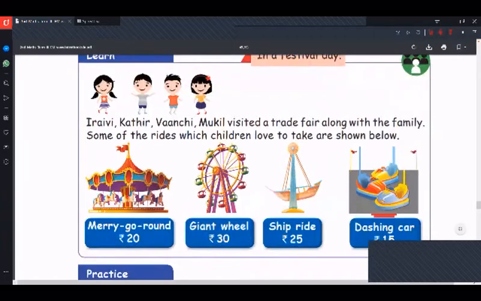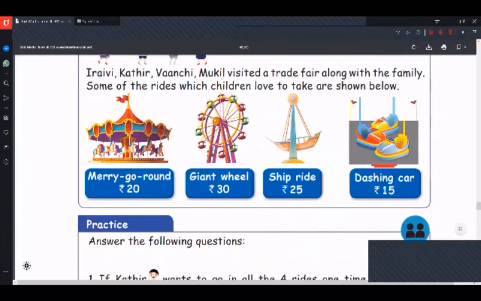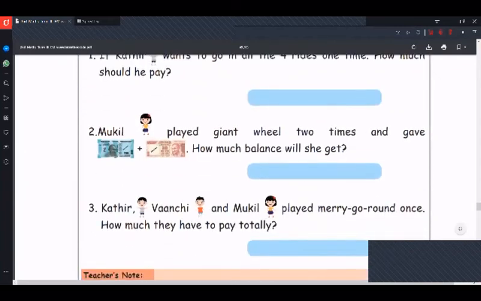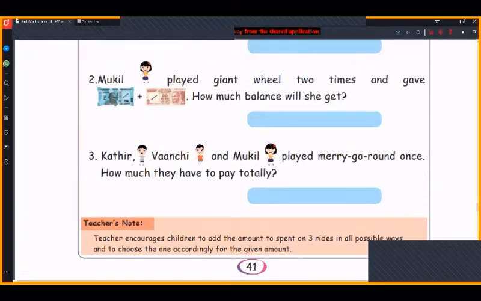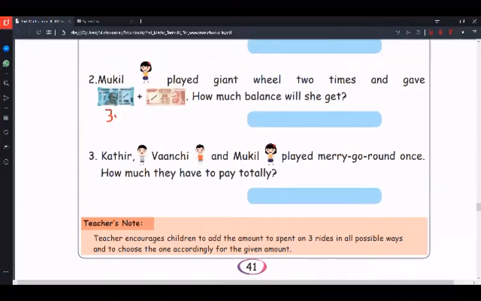So, Mugil played 2 times. So 30 plus 30 is 60. 2 times means 30 plus 30. So the cost is rupees 60 for 2 times. Okay, but she gave 50 plus 20.